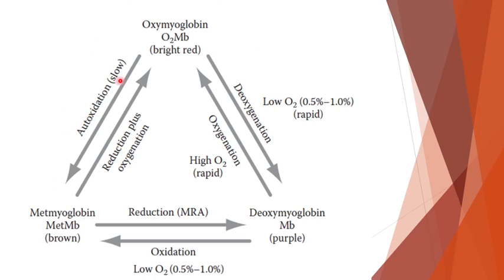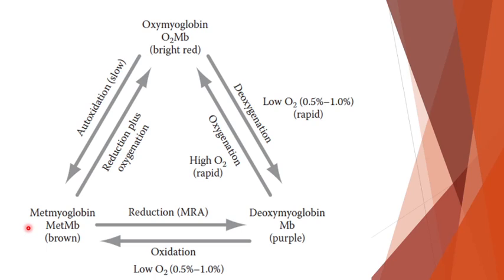Now, the opposite of oxidation, as we all know, is reduction. If you reduce your metMB, it will go back to purple, which is the regular myoglobin. It will also go the other way around. So if you expose your meat product in air which is not high oxygen, in a low oxygen of about 0.5 to 1%, it oxidizes.